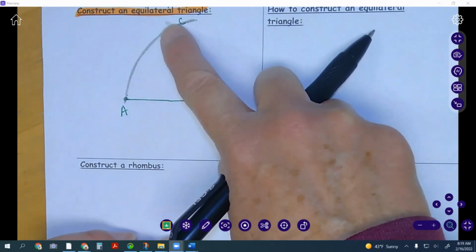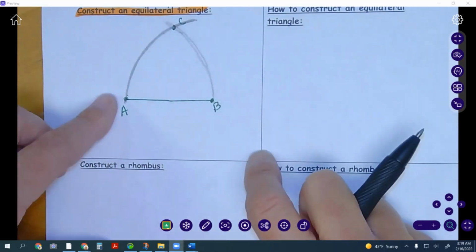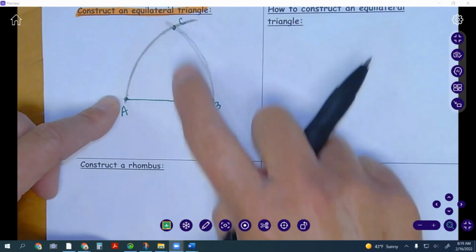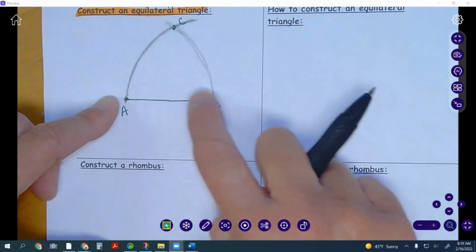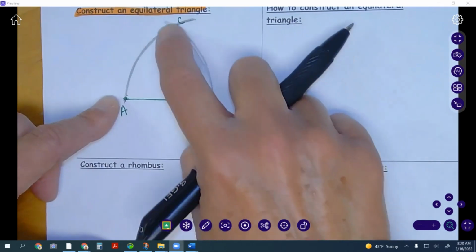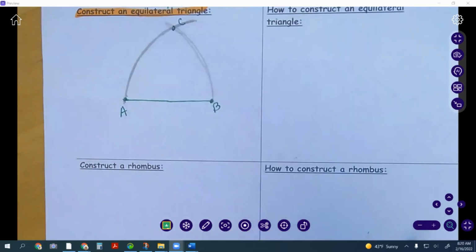So they're equal. And if I'm looking at this circle I drew from B, here to here is the radius of that circle. But if I draw from here to here, that's also going to be a radius. So these are equilateral. But again, you want to make sure that you don't choose a random radius. You need to choose a radius that is AB.